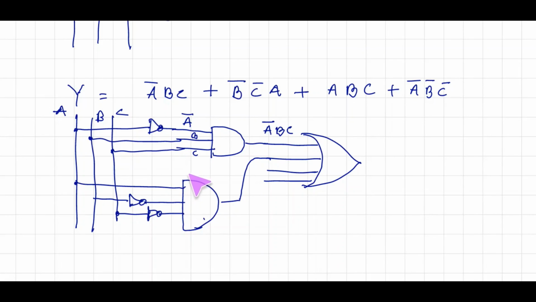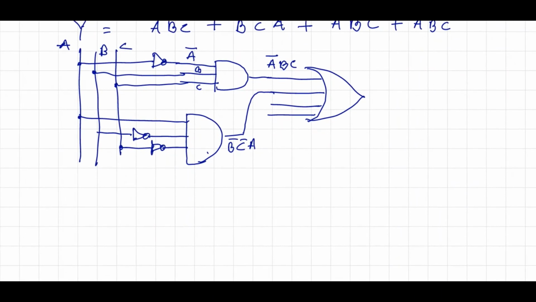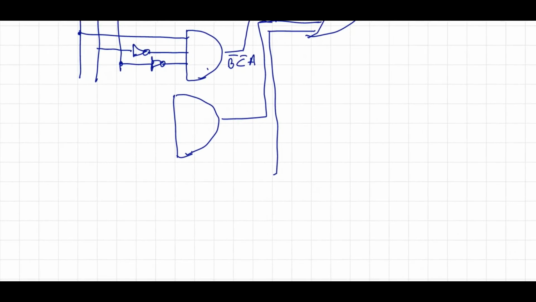So here we get the output b bar c bar a. Similarly the third term can be drawn in the same fashion, and the fourth term can also be drawn in the same fashion.